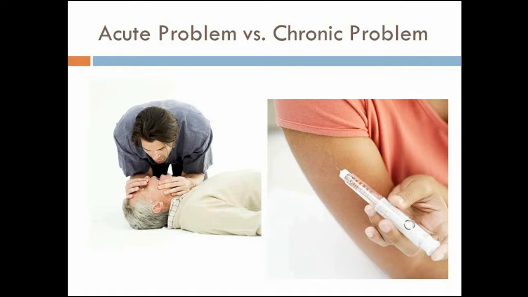So acute is always first. Assessment is the key. You've got to assess and get to the bottom of that new development or that change and see what's happening. Make sure it's not life-threatening.